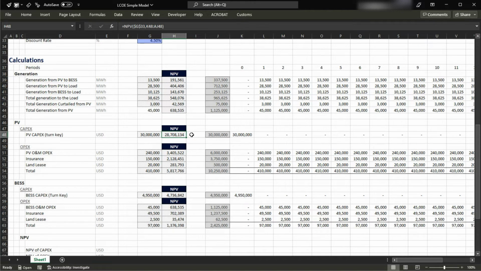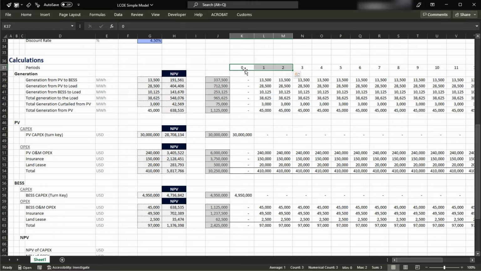We're going to dig deeper on this in the next video, to really understand how NPVs are calculated and what the difference is between having the expenditure at the start of the period or the end of the period that we analyze. Remember, each one of these periods represents one full year. So you can either have the expenditure happening in the beginning of the period, let's say 1st of January, or in the last day or the last minute of the year.